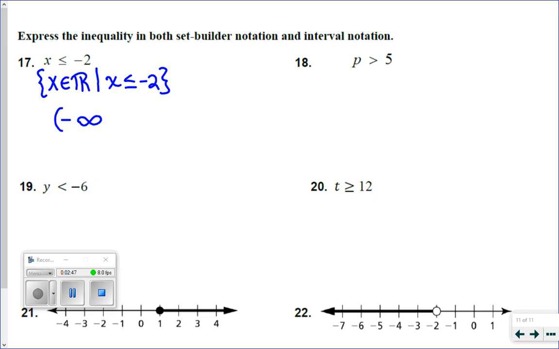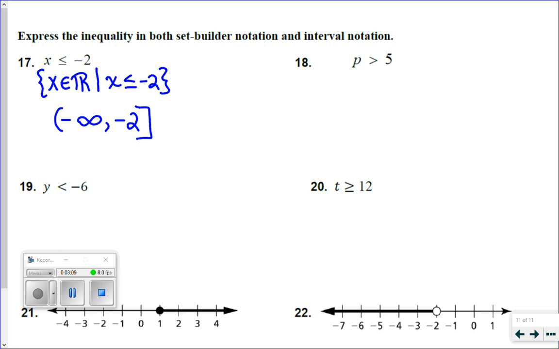Okay, so it's everything from -infinity all the way up to, and then we think about what's the other boundary on this set, and it is -2. Does it include -2? Yes, it does. So that's the more square-looking bracket on the right side. So you're thinking in terms of endpoints here. You're saying, hey, it's everything in between these two edges or endpoints.